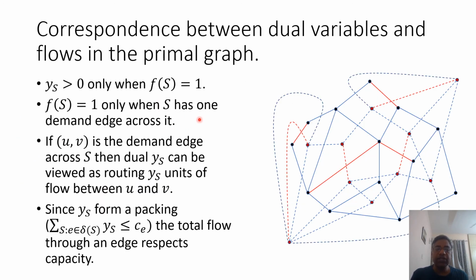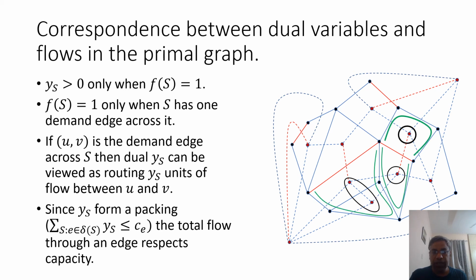And similarly, there is a correspondence between the dual variables that we build in the 2-edge connectivity augmentation problem and the flows in the primal graph. So what is the correspondence? I can perhaps show you with an example. If I raise this dual variable, in the planar dual, then in the primal graph one can think of it as routing a flow between the endpoints of this edge.